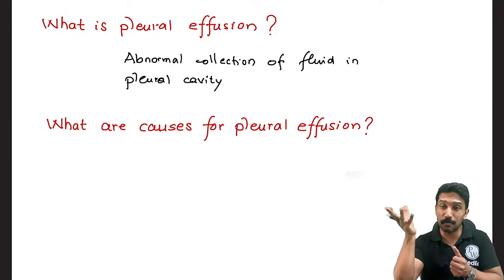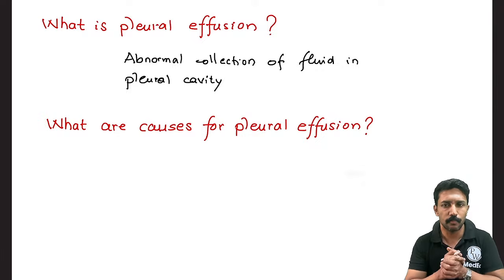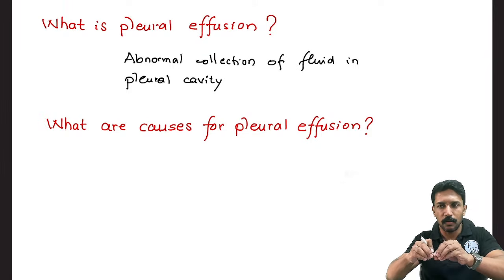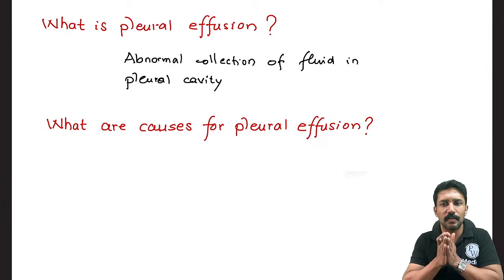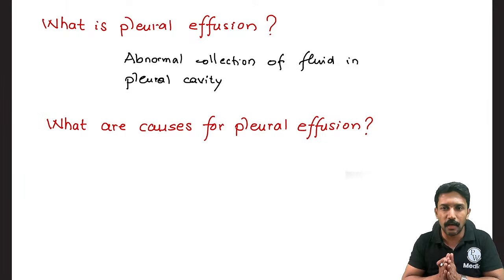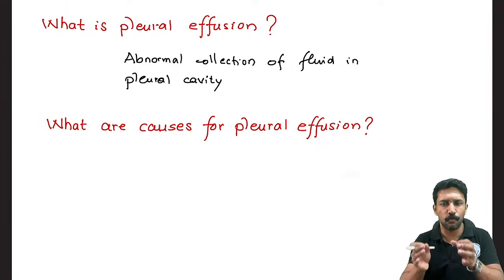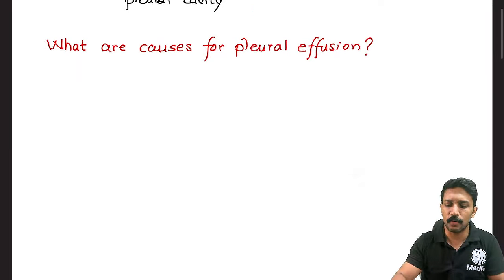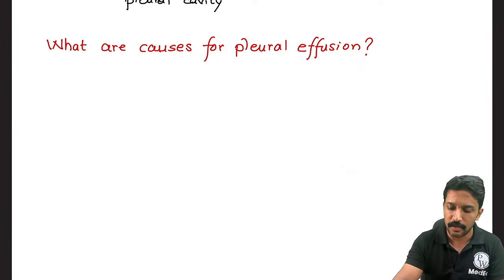Every tissue receives fluid or plasma from the blood vessels. Normally, inside the blood vessel there is a force which wants to push the fluid out, and a force which wants to retain the fluid in the blood vessel.